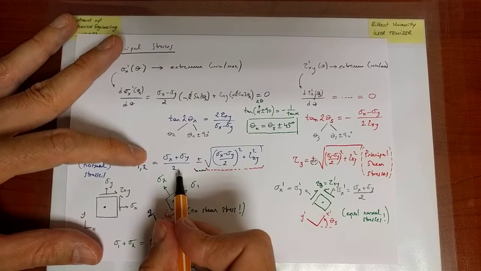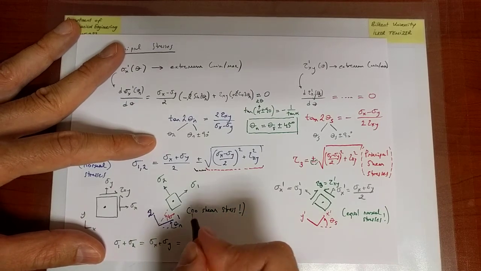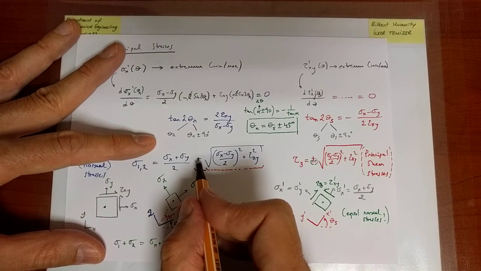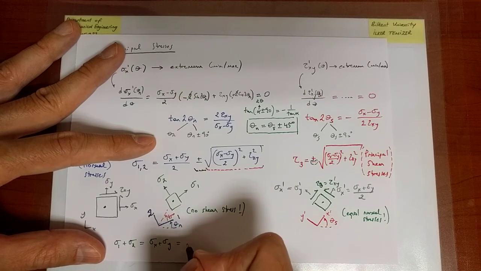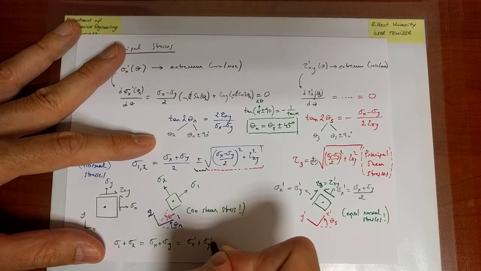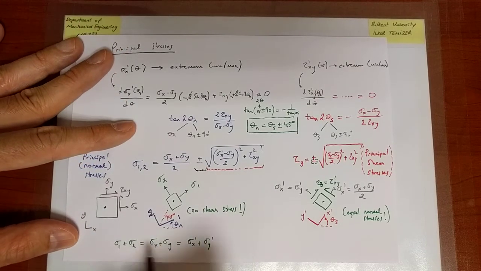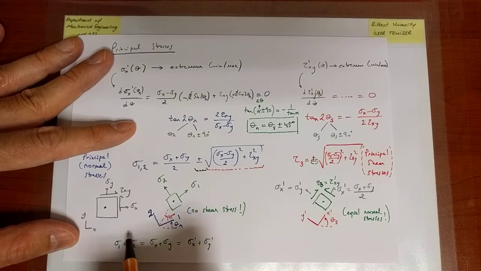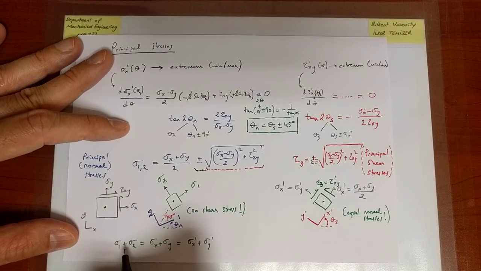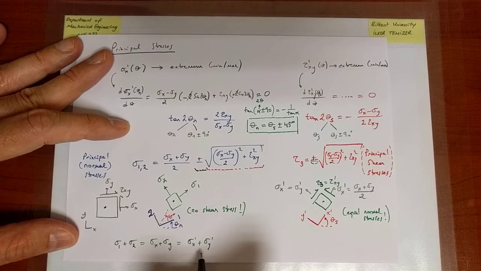And in fact, if you go back to the expressions for x prime and y prime, something similar happens because they differ by a minus sign in some portions of the expressions, and therefore you will get sigma x prime plus sigma y prime. Now, these expressions say that the sum of the normal stresses does not depend on the picture you're looking at, whether it's the original picture, some arbitrary rotation, or the rotation to the principal normal stresses. Always you get the same sum.